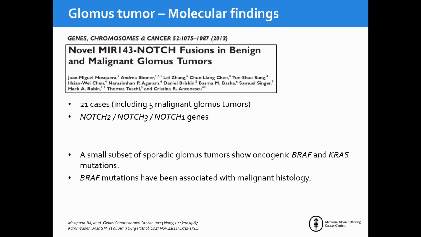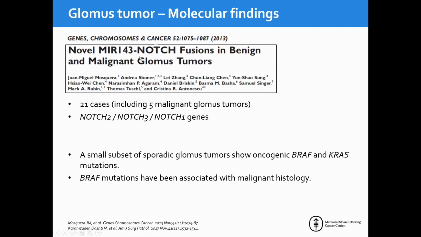Why NOTCH genes? Because NOTCH genes are extremely important for angiogenesis and, in pericytes, for the proliferation of blood vessels. That comes under the strong promoter of microRNA 143, and that is how NOTCH is upregulated in these tumors. Very recently, as I mentioned, a very small subset of sporadic glomus tumors have shown BRAF mutations, and they have also been associated with malignant histology.